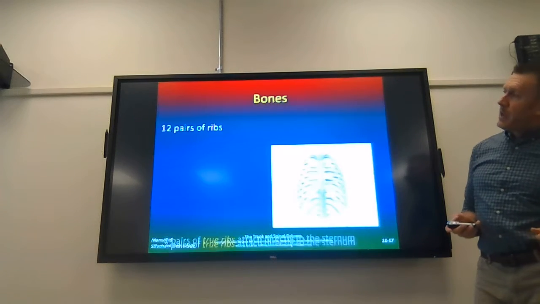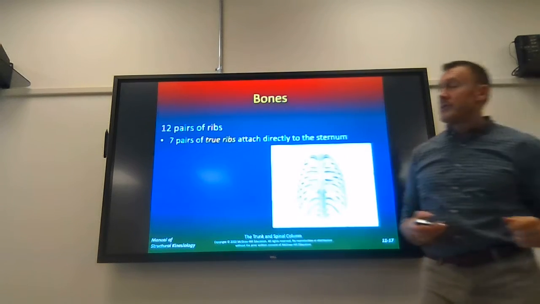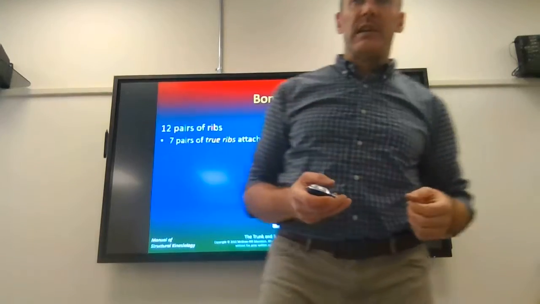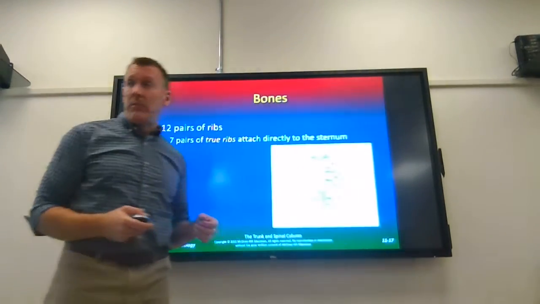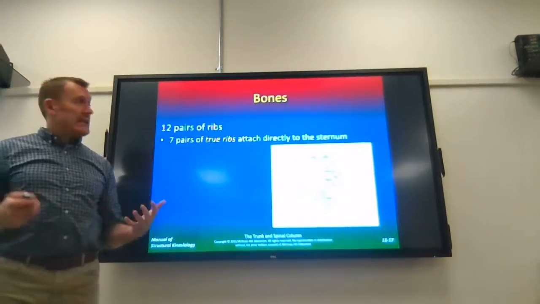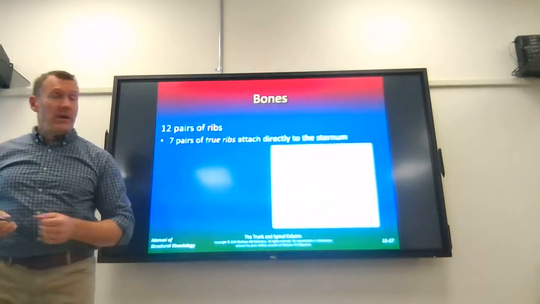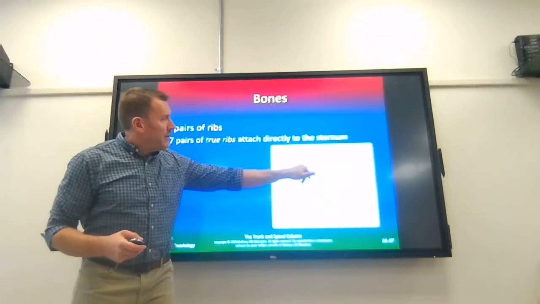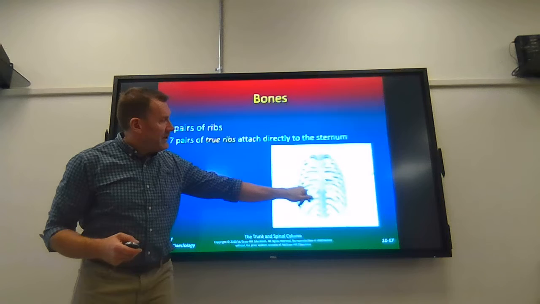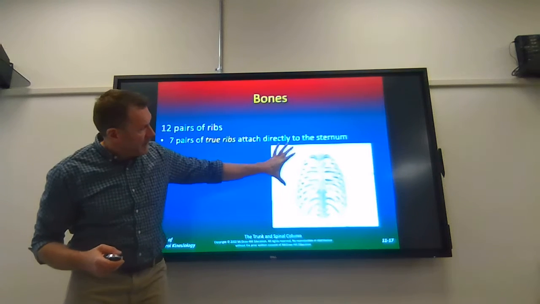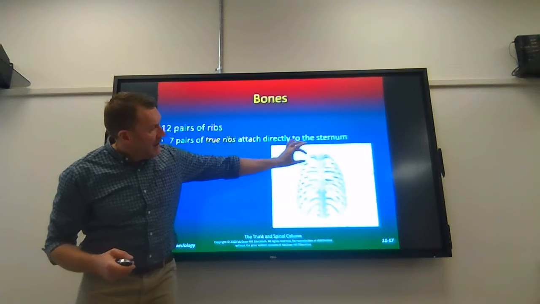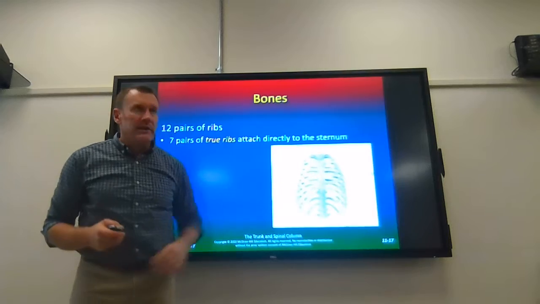Okay, so we have 12 pairs of ribs. Okay, the first 7 are true ribs because they attach directly to the sternum. So they're considered amphiarthrodial type joints. So 1, 2, 3, 4, 5, 6, 7. So right here, these first 7 are true ribs, and these joints are made of cartilage.